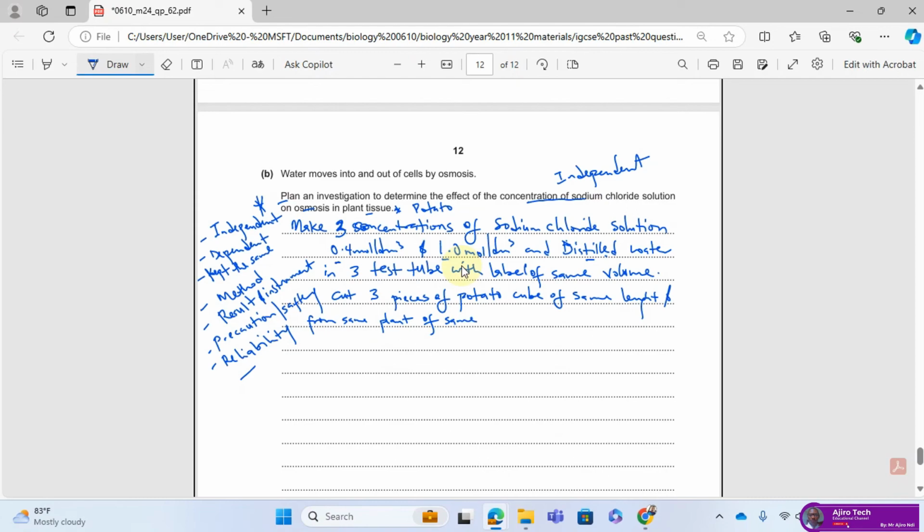So you are going to have it as same length or same mass. Okay, same mass.